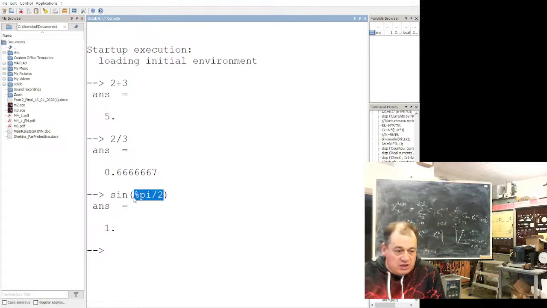What's this notation? The percentage sign means a built-in constant. Pi, no? 3.1416 and so on. A very simple inline calculator. Or not so simple.